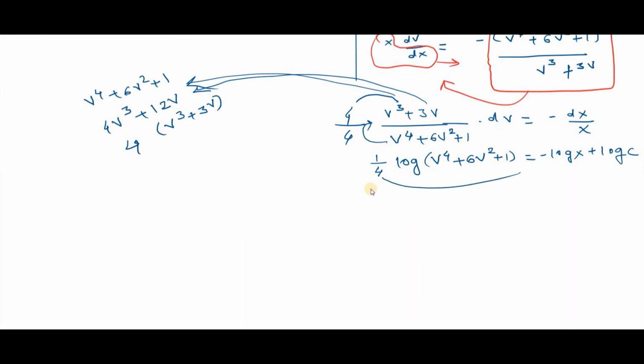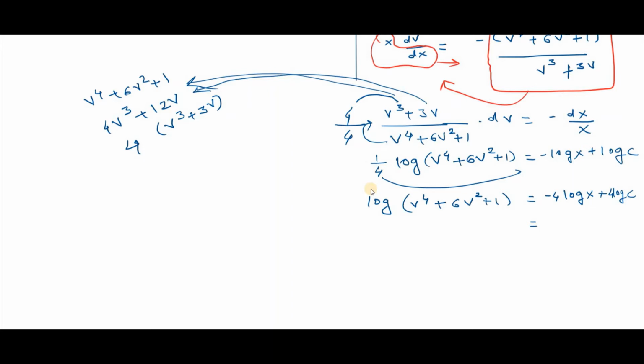Now transpose this 4 to the right hand side. Logarithm of v raised to 4 plus 6v square plus 1 is equal to minus 4 log x plus 4 log c.